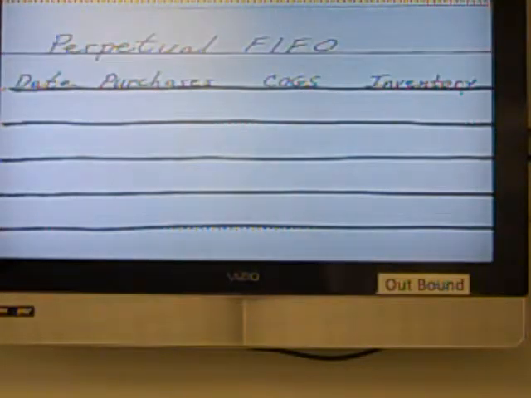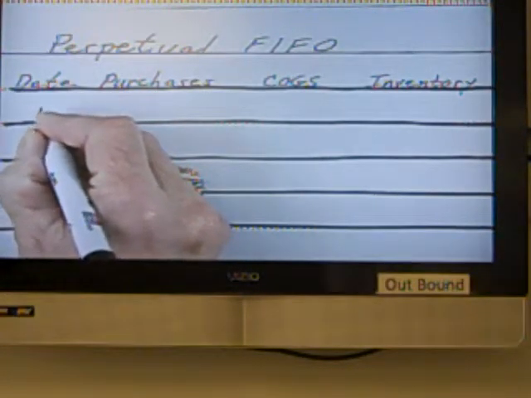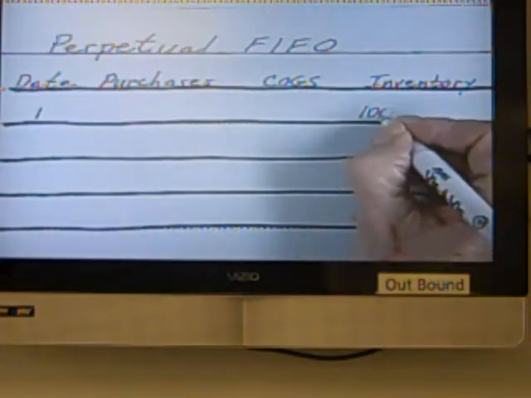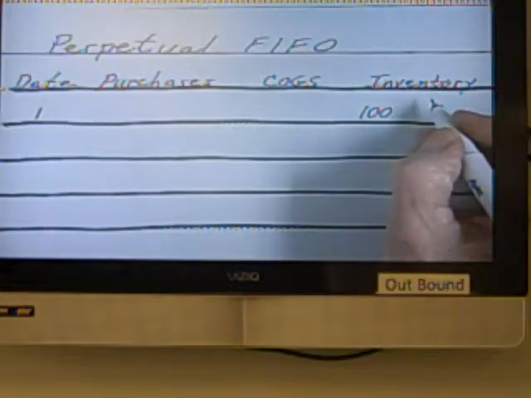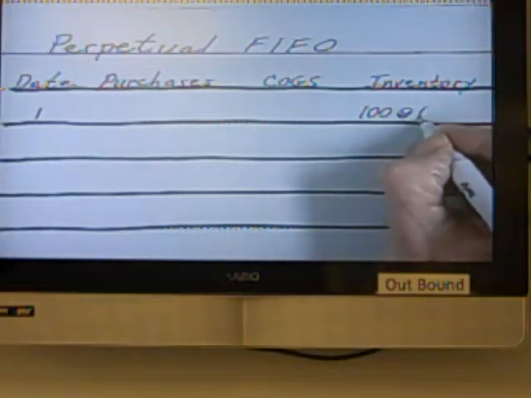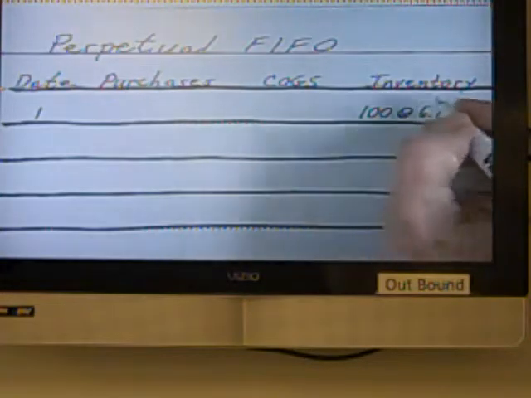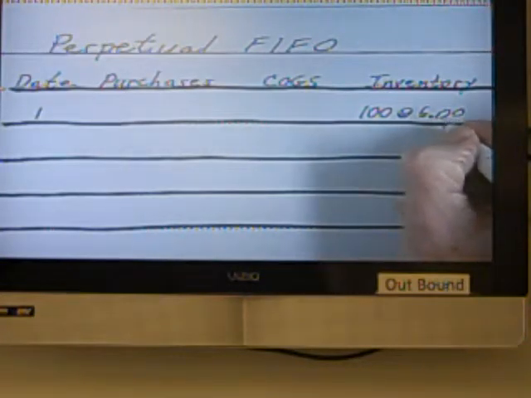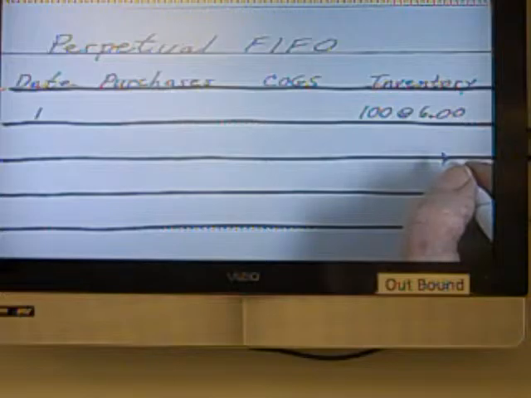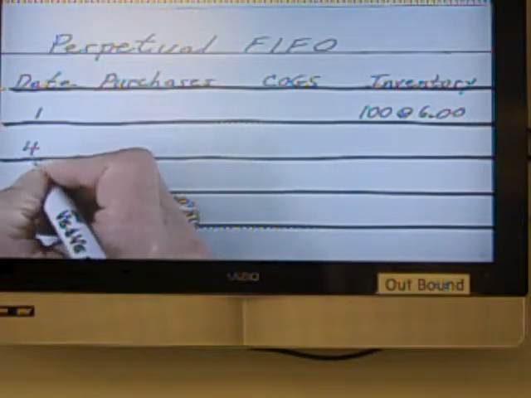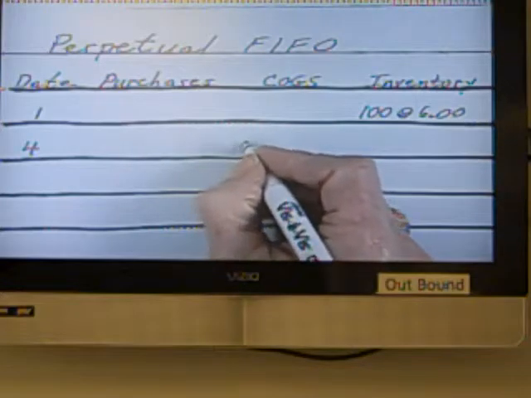So let's say that on the first day of the month, we had in inventory 100 units of a particular item, and those had cost us $6 each. So our inventory at that point in time is 100 at $6. Well, on the 4th, let's say that we sold 80 units.